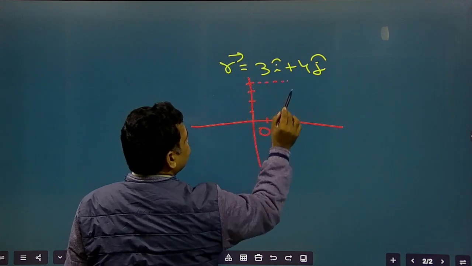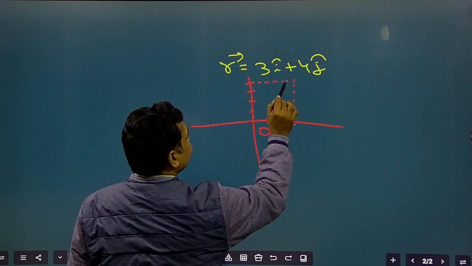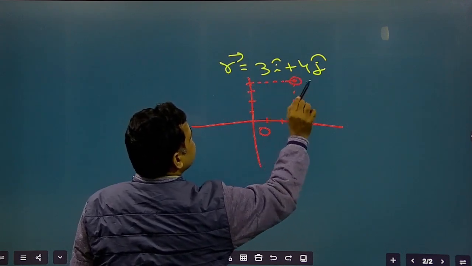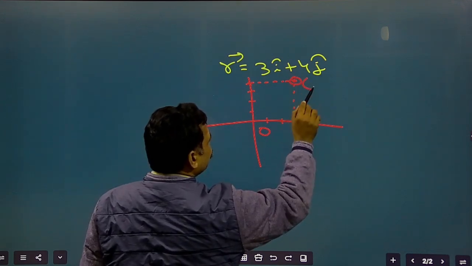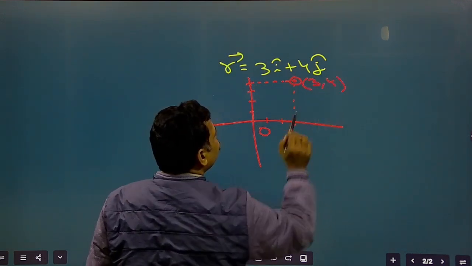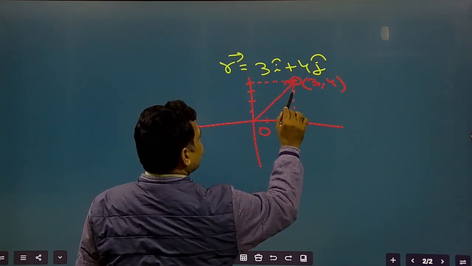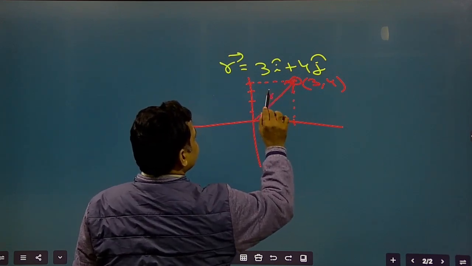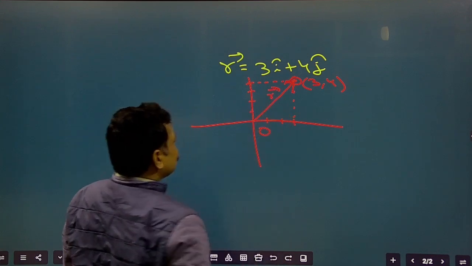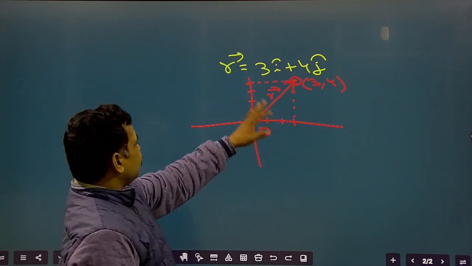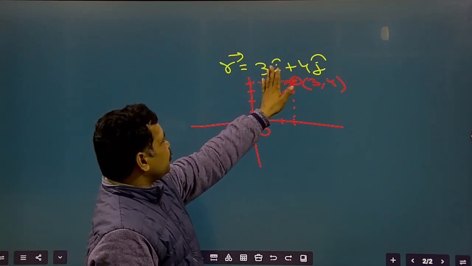So you see here a coordinate system. This point, in terms of the coordinate system, is 3, 4, and if I write the vector, it will be from the origin. So this vector here is r, right?